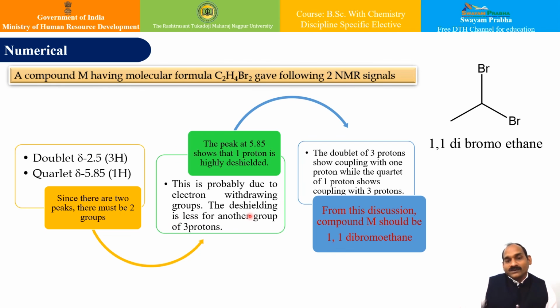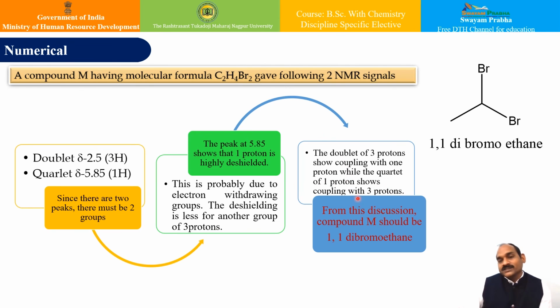The second peak is at 5.85, which shows that one proton is highly deshielded, probably due to the electron withdrawing groups, and the deshielding is less for the other group of 3 protons. Therefore I can conclude that the doublet of 3 protons shows coupling with the 1 proton, while the quartet of 1 proton shows coupling with the 3 protons.